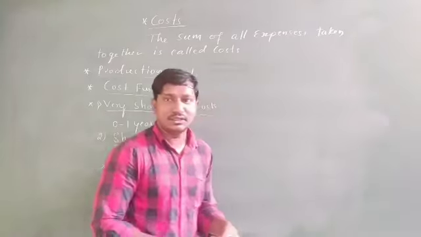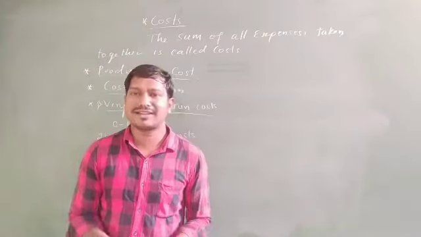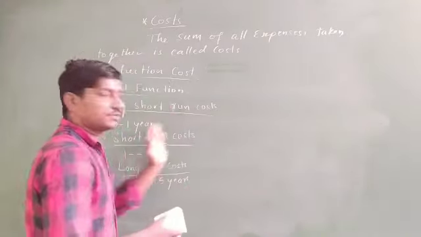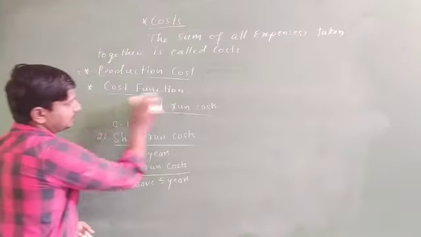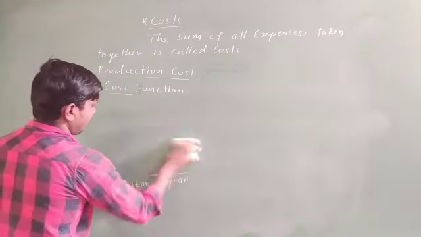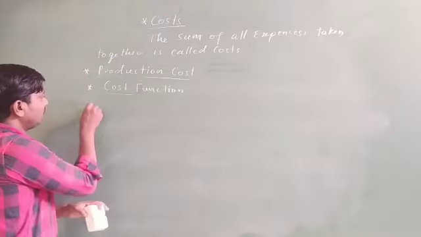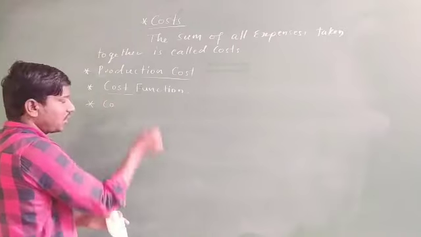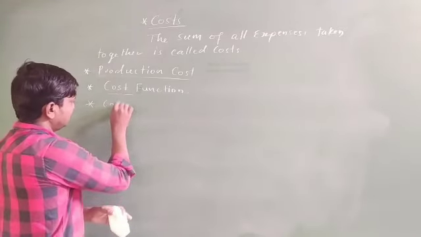Well, again in the cost we can see so many different concepts, so many different classifications. So let us come to the first one, the concepts of cost. Broadly, we are going to divide the cost into two.